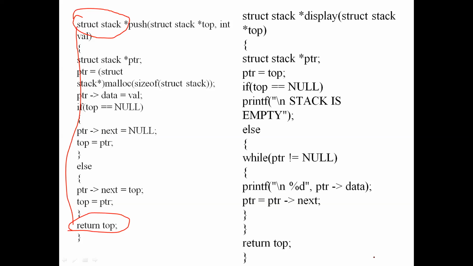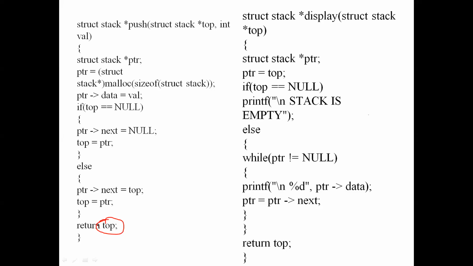Once you say, we can go to the next thing. Guys, can you reply? So here top is a pointer variable. That's why we are using this return type.